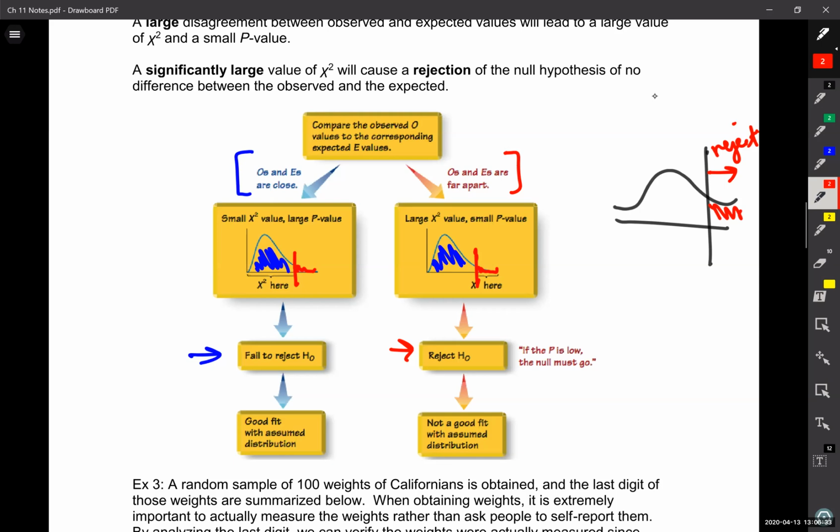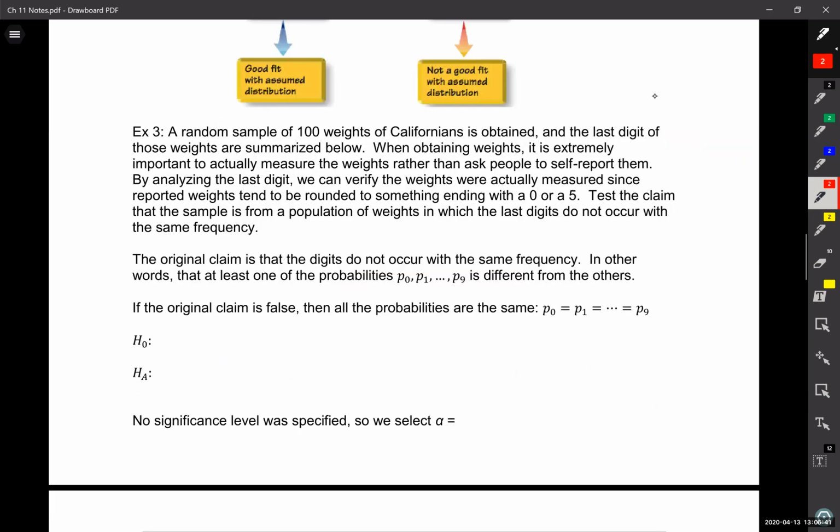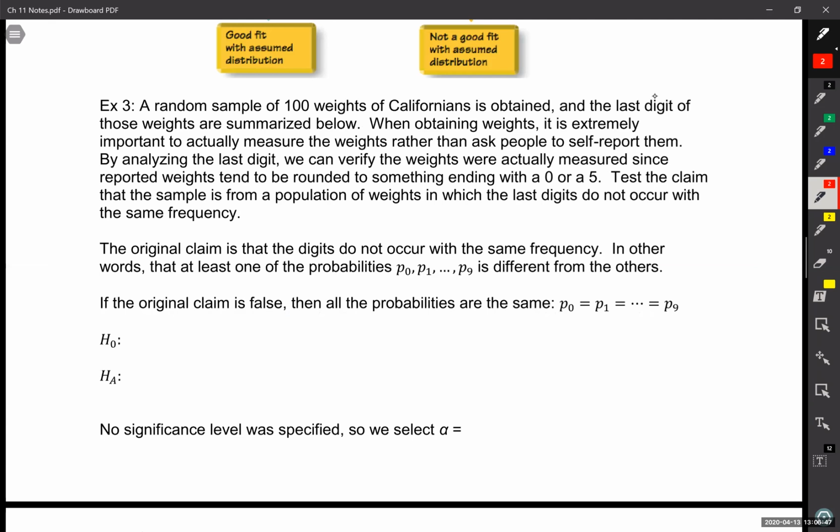All right, so we're going to do a whole problem here using the goodness of fit. It says a random sample of 100 weights of Californians is obtained, and the last digit of those weights is summarized below, just the last digit. We measure the weights rather than ask people to self-report.